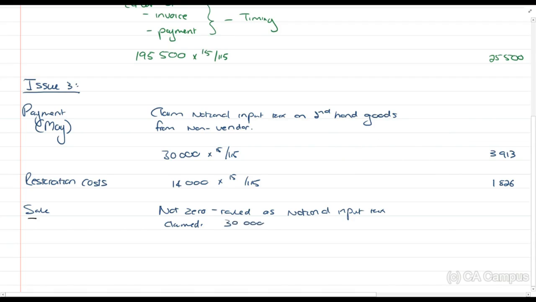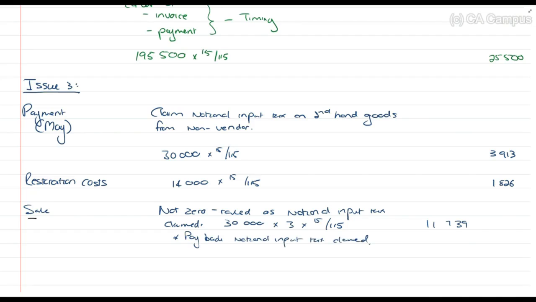So 30,000 times 3 times 15 over 115. So this is what, guys? Output tax. Make sure you see. Right, let's pay back the notional input tax claimed.